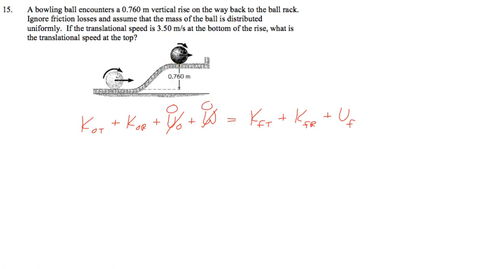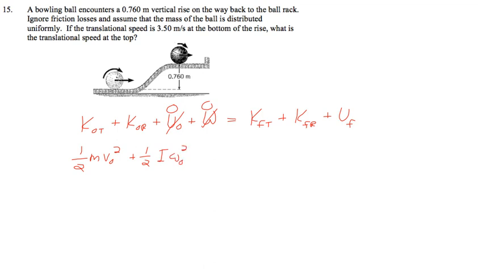So at this point, I'm going to replace my translational kinetic energy with 1/2 mVO squared. Now I'm looking at the problem, and they didn't give me the mass of the bowling ball, so it's probably not going to matter. It's probably going to cancel out of every term. Now for rotational kinetic energy, I'm going to have 1/2 I omega original squared.